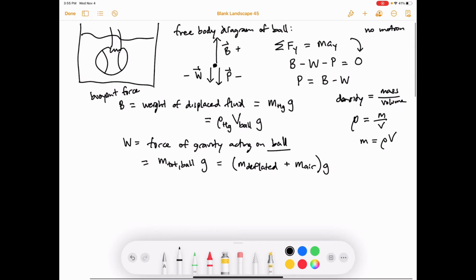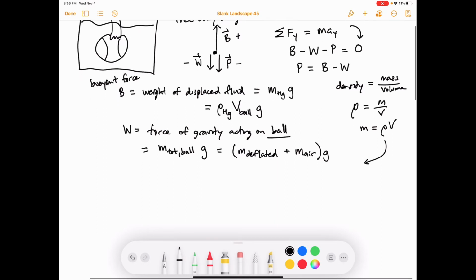But, just like before, mass can be thought of as density times volume. So let's apply that to the air. We have the deflated mass plus the density of the air times the volume of the ball, times g.